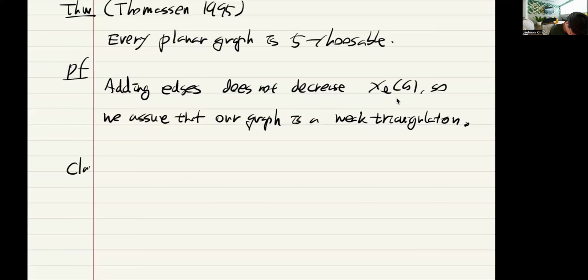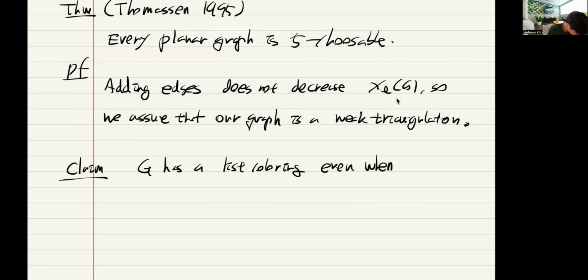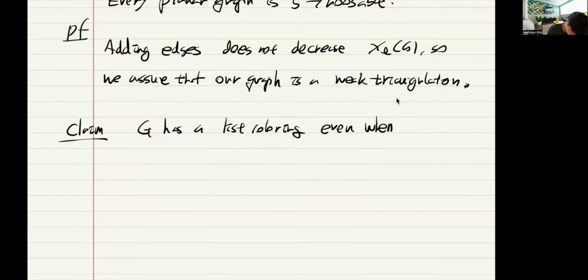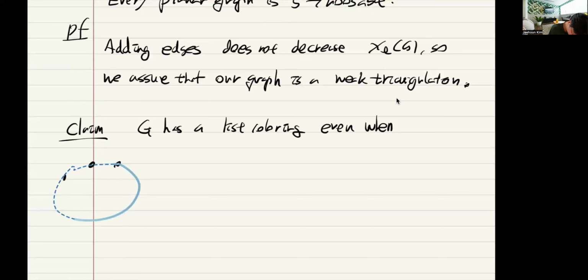And we want to make the following stronger claim. We prove that this weak triangulation G has a list coloring, even when the following holds. You have external vertices and some other things inside, that's all.